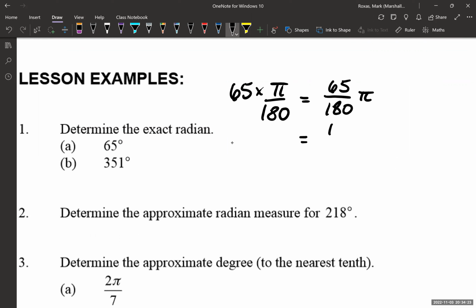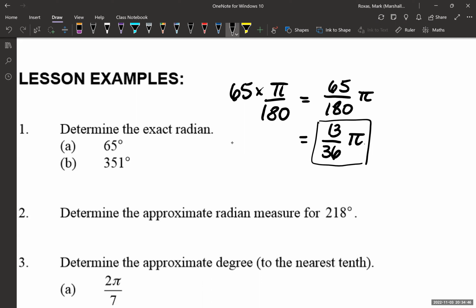I can reduce this to 13 over 36 pi, and that is my radian measure. Since I'm putting pi, it's understood to be radians, but in most other cases, I'll write radian. I will read this as a radian angle measure.